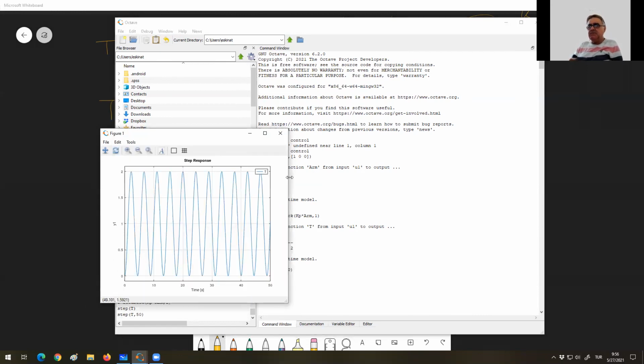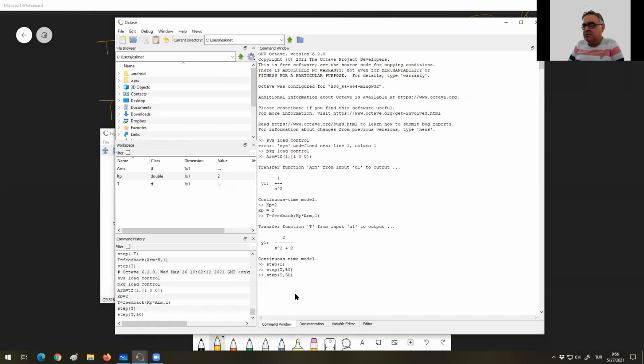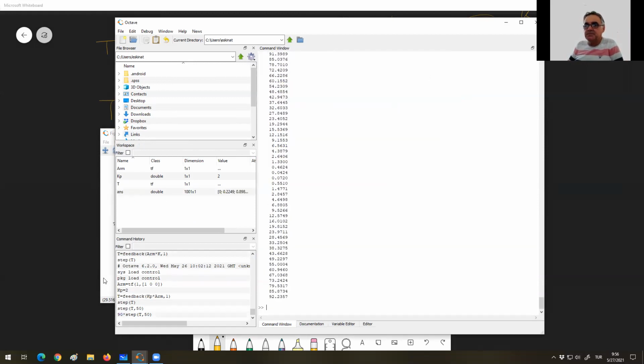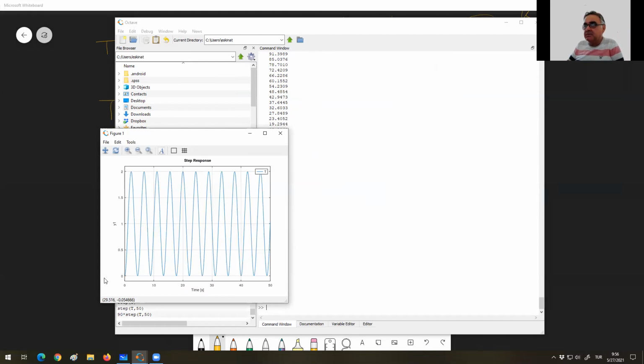So you see it keeps on oscillating as expected because it's undamped. There is no damping here. You would ask it to settle around the value 1. We said 90 degrees, but if you really want 90, you can just say 90 times the step of this. It didn't work.